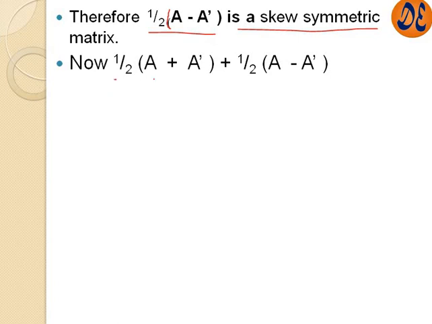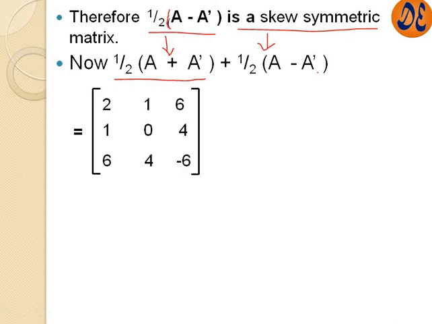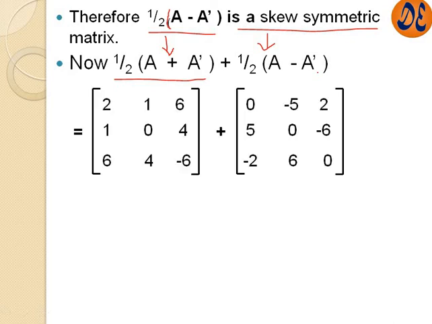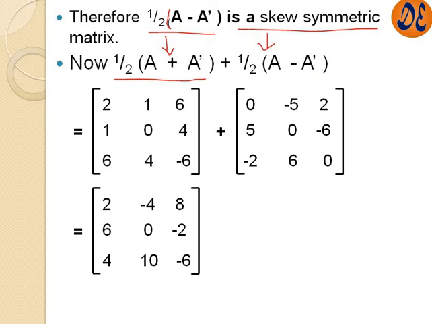Now let us get the sum of both. This one is a symmetric matrix and this one is a skew symmetric matrix. So if we add both, we should get the matrix A. Now if we add both, check: 1 plus minus 5 is minus 4. Again randomly taking, 4 plus 6 is 10 and so on.